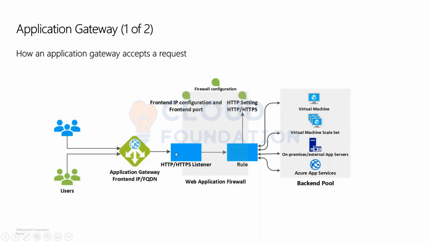If you look at something like the Front Door service, though it is working on HTTP and HTTPS, it cannot help you connect to your on-premises environment. It will only help you work with your Azure-based resources or web-based resources running on cloud platforms. That's the core advantage of using application gateway.